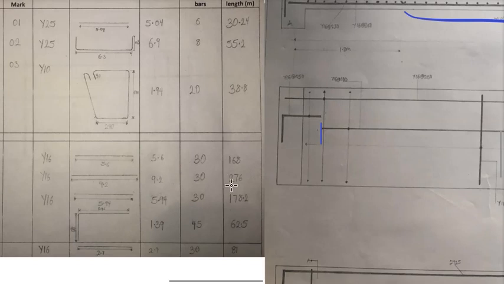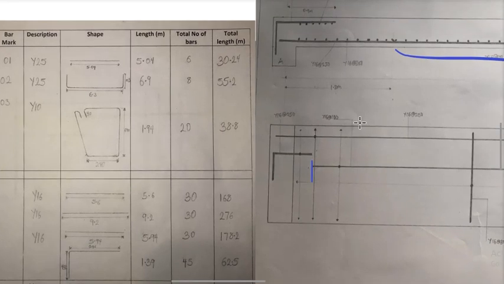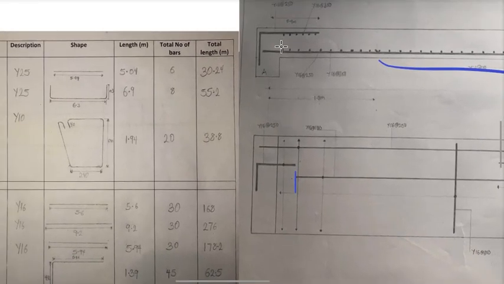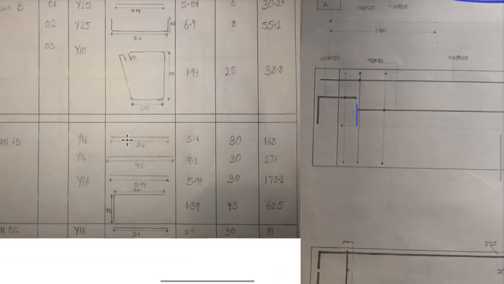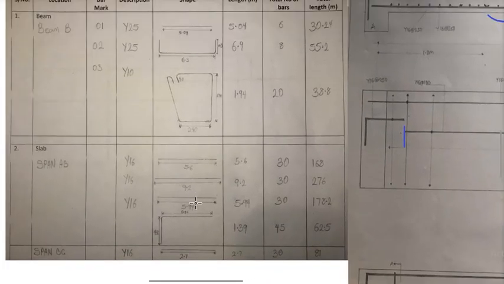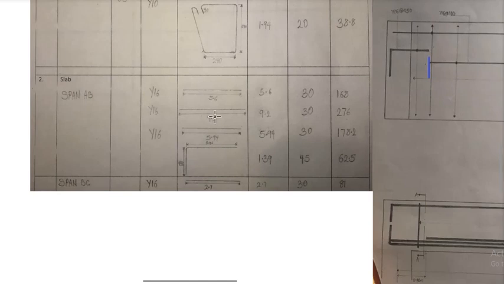Then the total length is this multiplied by the number of bars you actually need, to give you your total length. Then this is the distribution bars, which are these dots here. This also is going to be catered for and done. Same goes with this too.